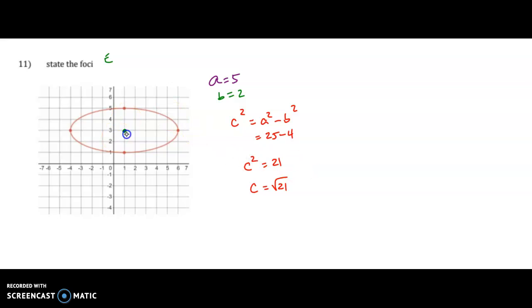It's from the center. So right now the center is at 1, 3, and since we are moving horizontally, we're going to end up adding and subtracting to the 1, okay? So the foci are at 1 plus or minus square root of 21, 3.